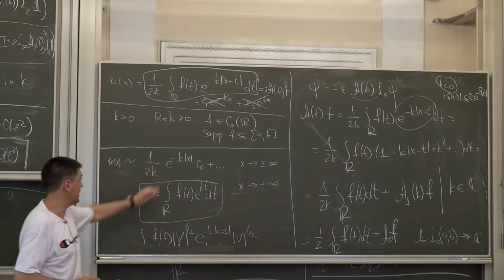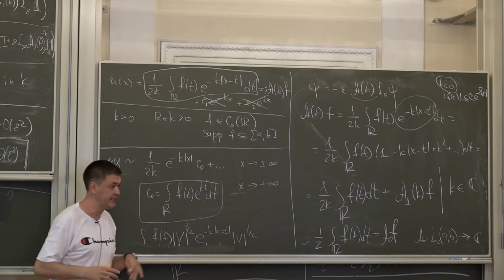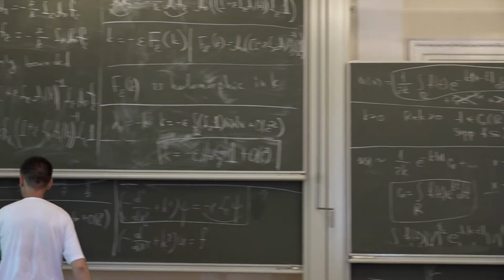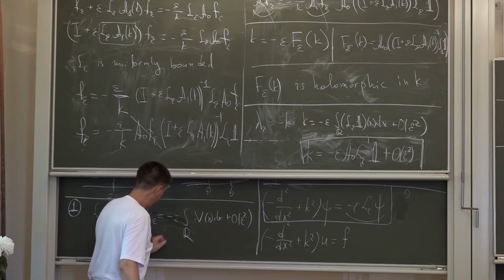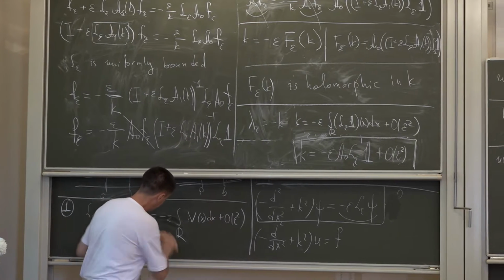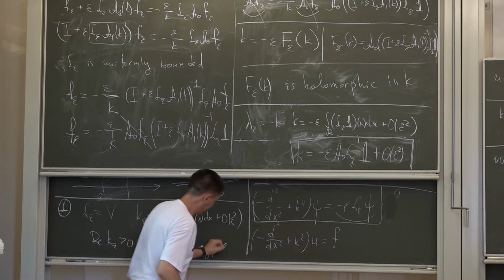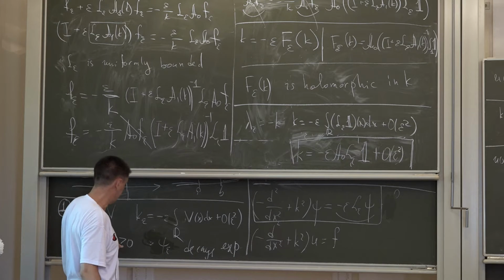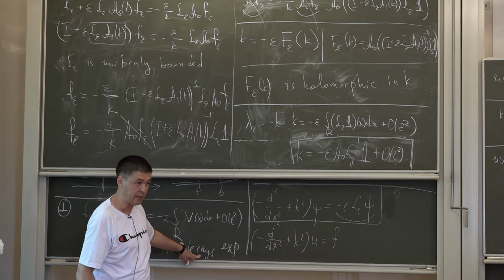And now I see that if the real part of k is positive, then this function decays exponentially at infinity. So if the real part of k epsilon is positive, then psi epsilon decays exponentially. And if this is not the case, if it's negative, then it grows exponentially.